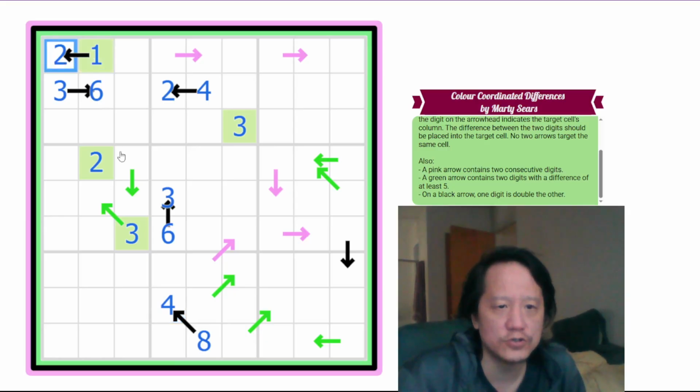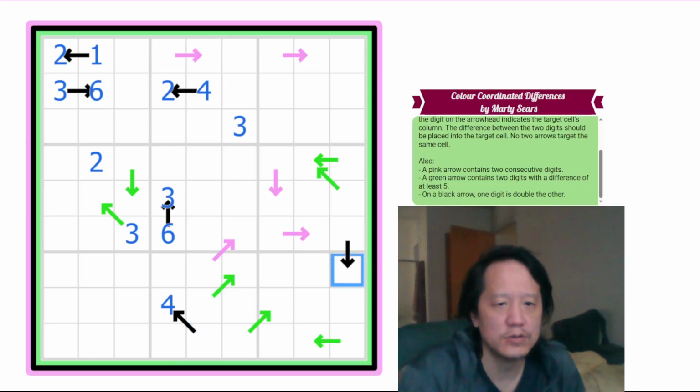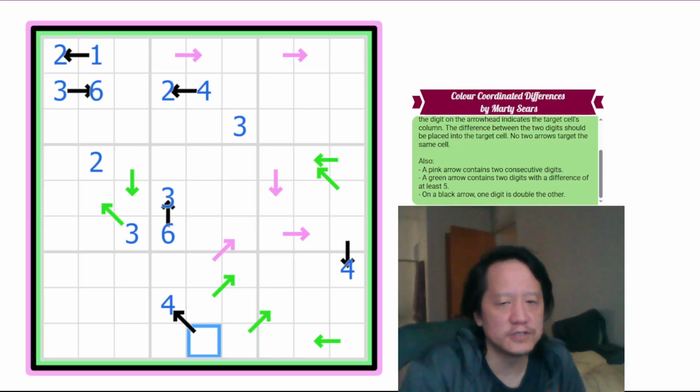This is 1 and 2. Okay, so this has to be 4 and 2 here. Oh, wait, this could be 2. Okay, so we know this is 4, and this has to be 2 or 8 here, and 2 or 8 here.